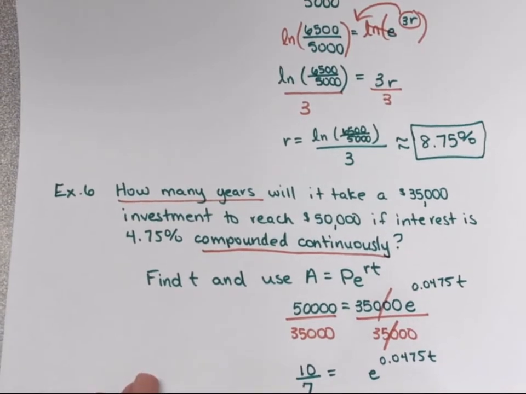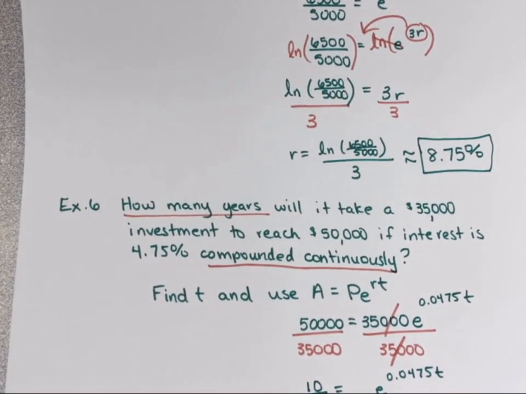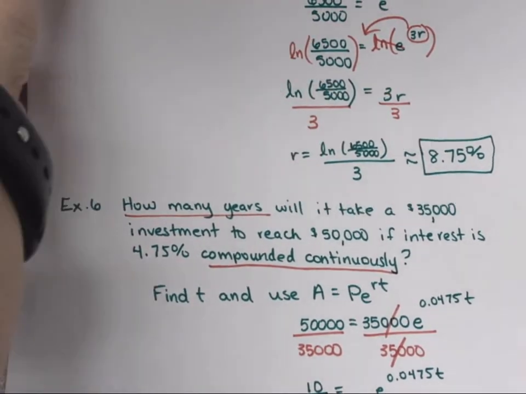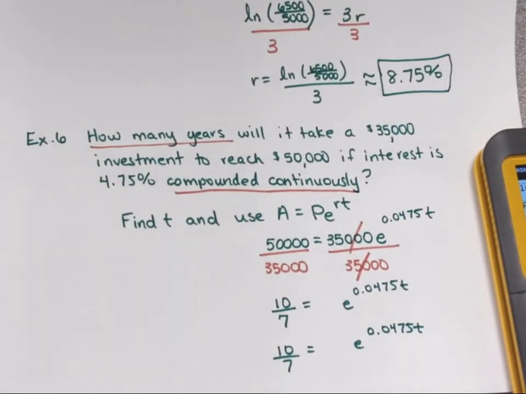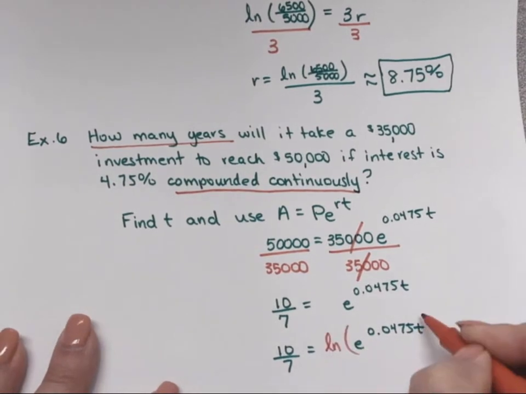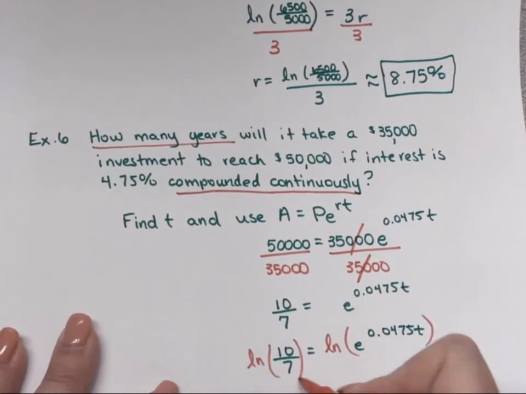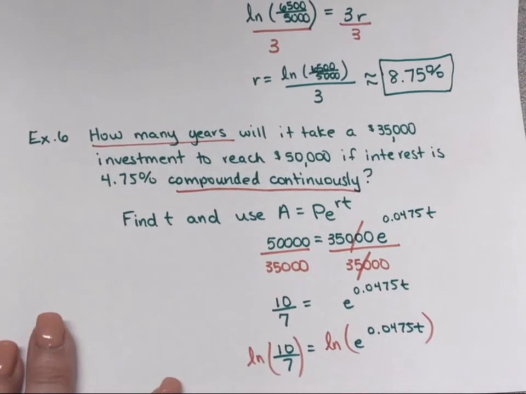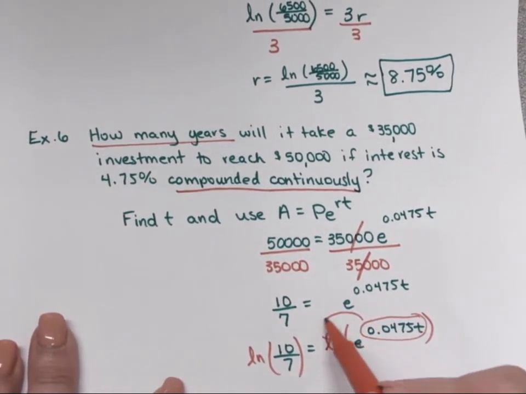So I'm going to write it again just because I like to be able to show my work. I like to be able to show you the work, really. All right, so how do I get rid of e again, just like in the last problem? Take the natural log of both sides. So what happens to natural log and e as usual? They cancel, and this moves out to the front.